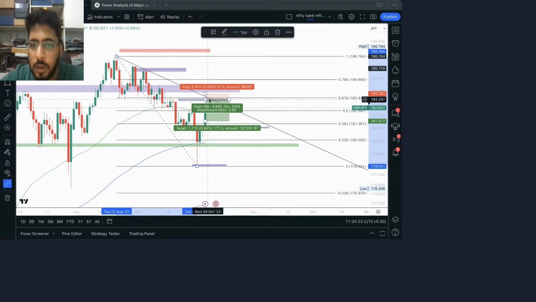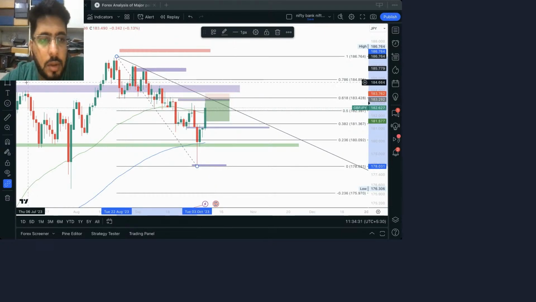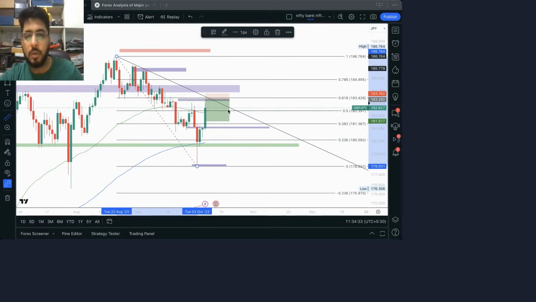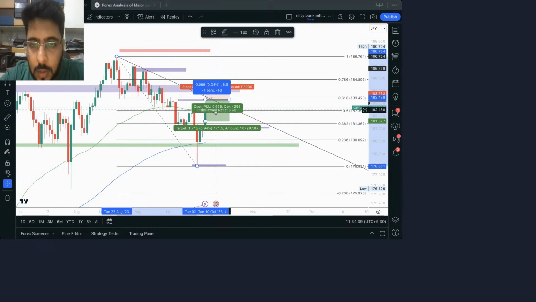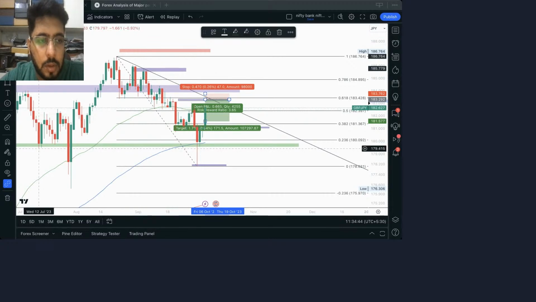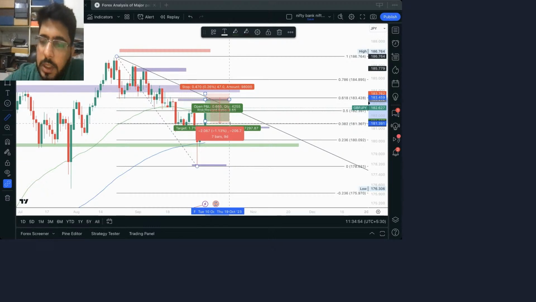It's 618. There is no doubt that we should take the trade. The potential is very high. It can give you at least 100 pips, but sometimes when it touches the 618 fib level, it can come down to 38 as well.